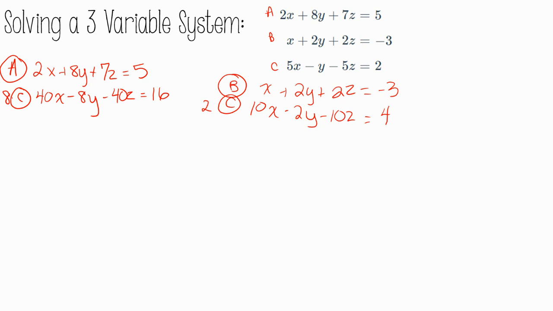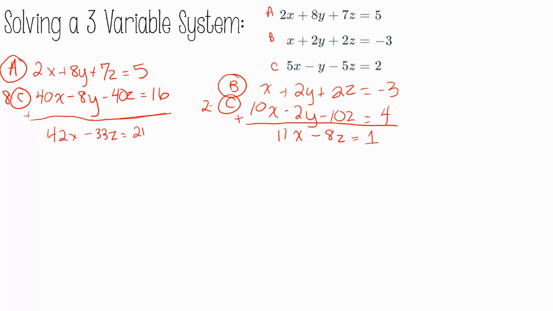So now that you have your equations paired up, you can now eliminate. So when I add, I get 42x, my y's eliminate, and I'll get -33z equals 21. I have these together, and I get 11x, z's eliminate, minus 8z equals 1.